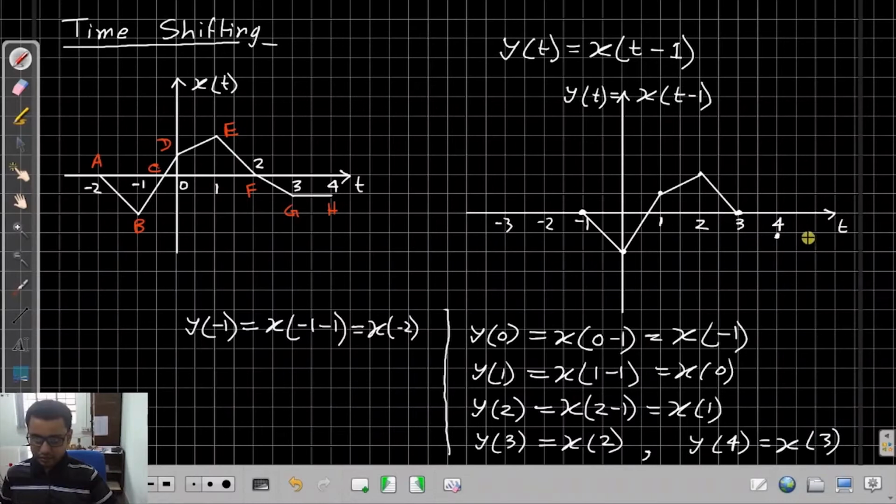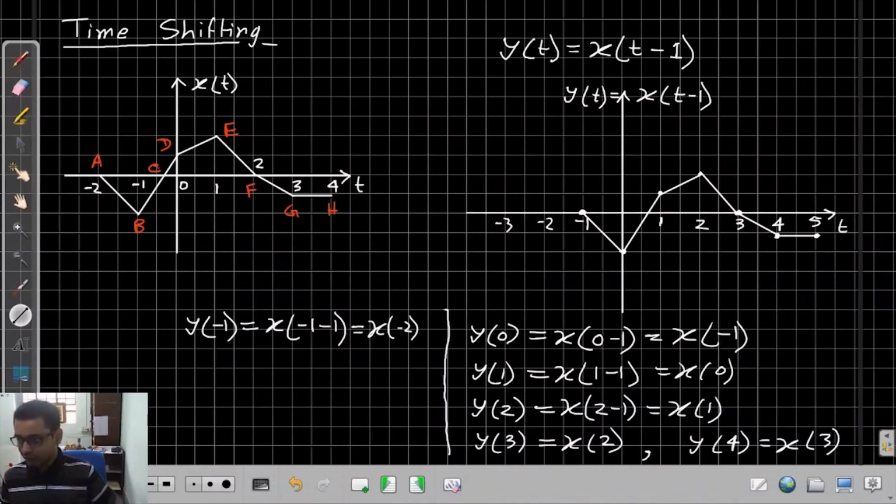Similarly, y5 will be the same as x4, which is this point. Now let us join these points also, and this is how the graph is going to look like.